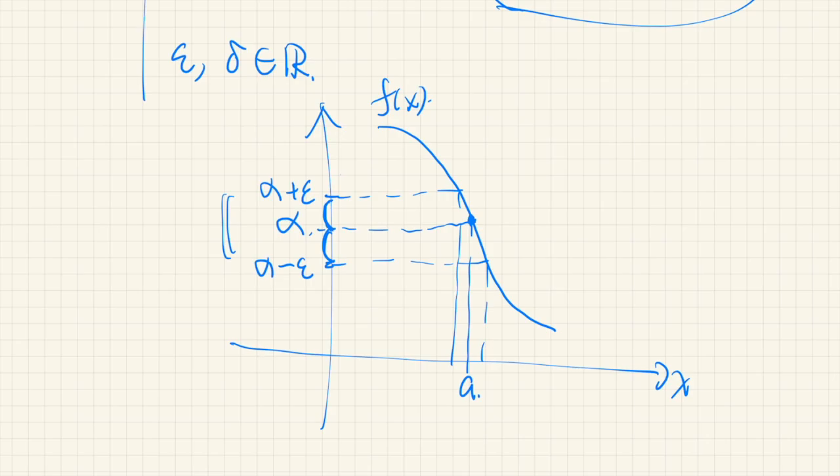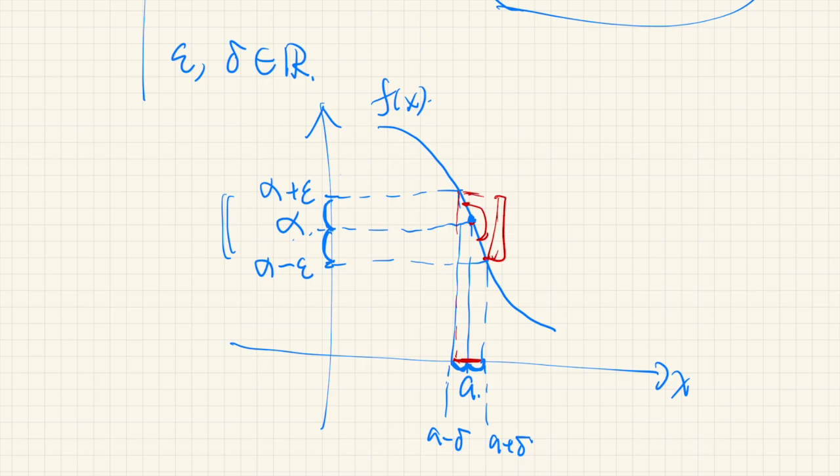If we make this interval small enough, then the difference between f of x and alpha is small enough. If we take this as a minus delta and a plus delta here, then as long as the value of x stays in this interval, the difference between f of x and alpha stays inside this interval on the y-axis.